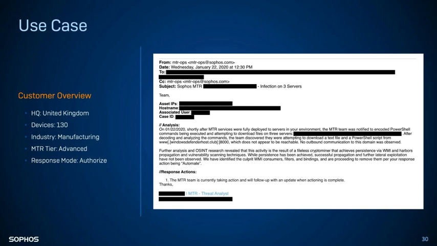I don't even think we had gotten to that point before we started seeing some of these detections. So, they hadn't even completed deployment, but, as they were pushing this out to a few machines, we immediately started seeing some of this activity and were able to get it to the customer to respond and tell them how to remediate.